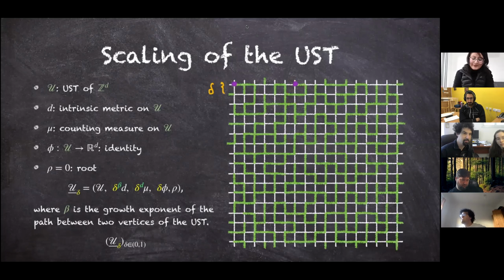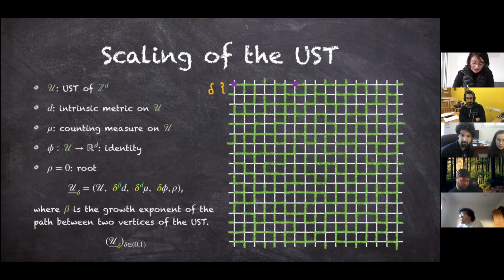So this is the behavior that we want to understand, what are the macroscopic properties as I'm rescaling my space. So the corresponding picture on the right is easy. I'm just rescaling by delta.